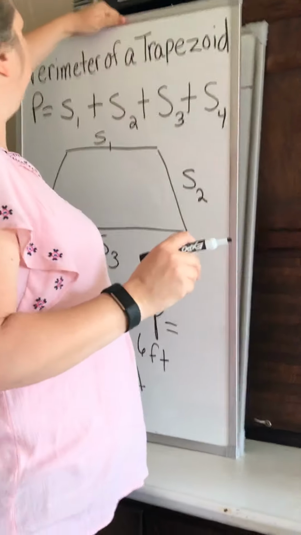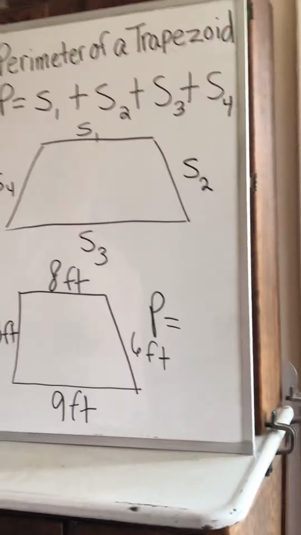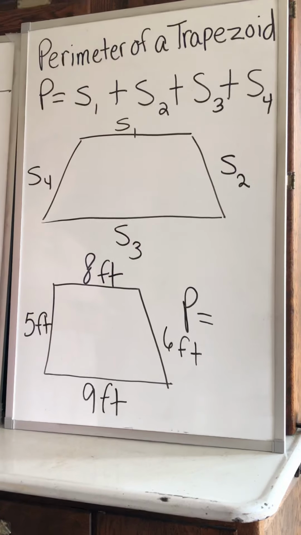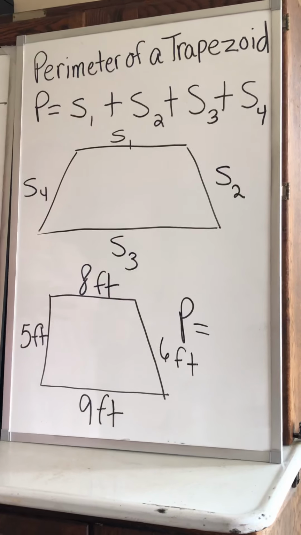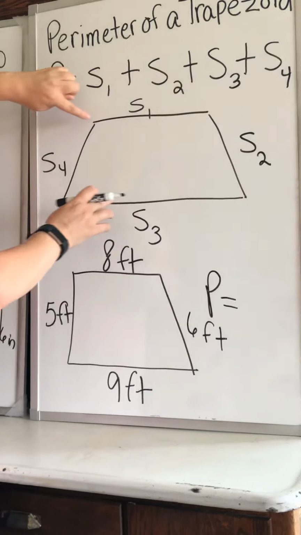We're going to learn about the perimeter of a trapezoid. Before, I had mentioned that there is one pair of parallel lines when it comes to a trapezoid. That one pair is going this way, because remember, parallel lines never touch each other.